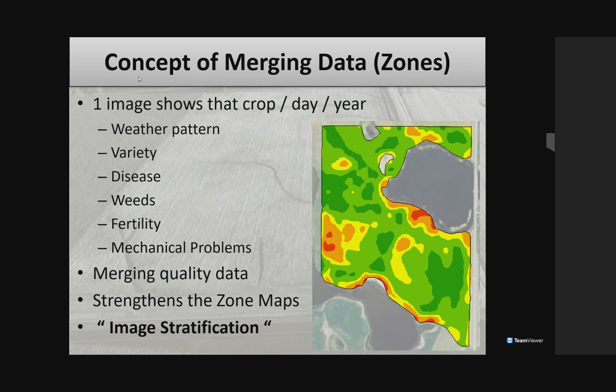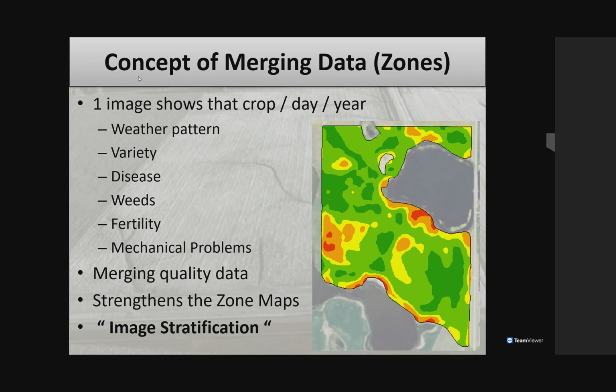Any of these components are going to be influenced very strongly by the weather pattern of that year, perhaps a variety that you put out in that field. If there was a disease that came through, if there was some smut, or if there was a rust, or insects came through, aphids came through and chewed your beans up later in the year, all those types of things.